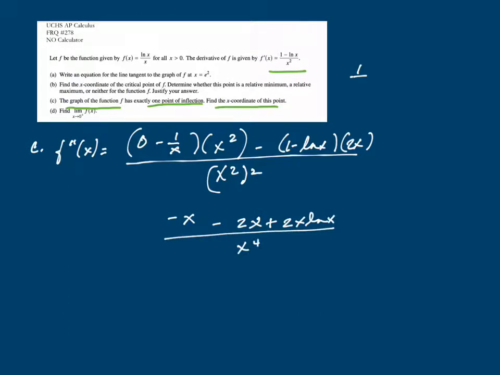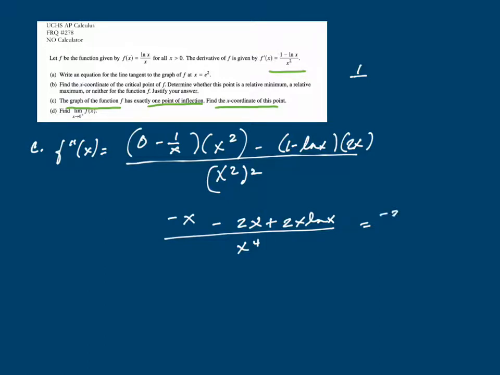And I'm going to simplify that, or just leave it like that. Doesn't really matter, does it? And we're going to set that equal to 0. Let's work it out.